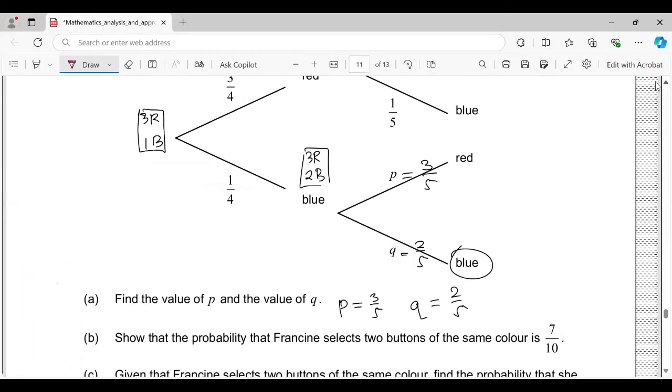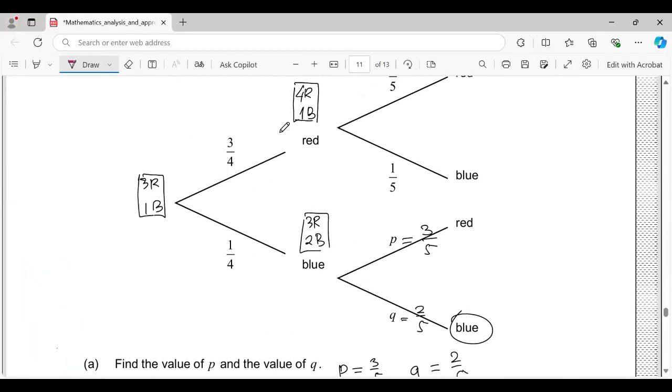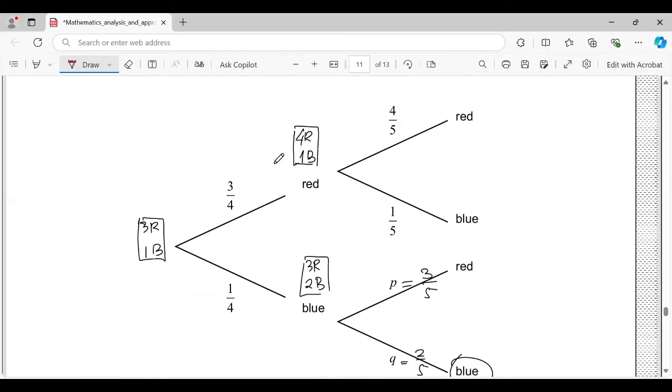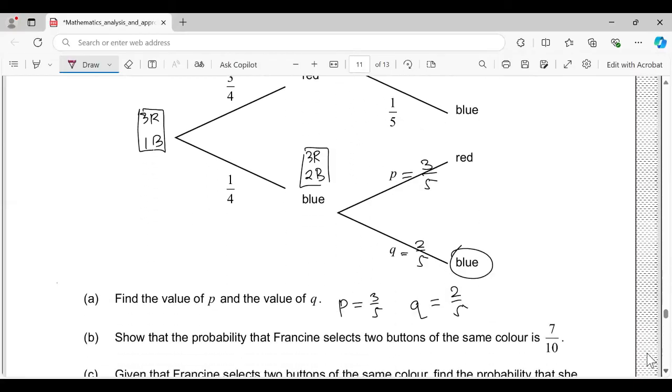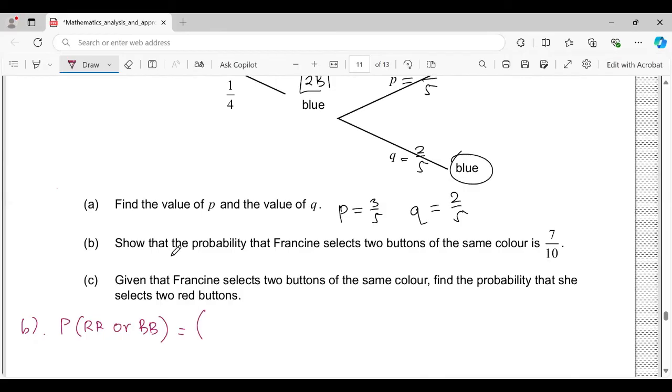Red, it means 3/4 multiply 4/5. And blue, 1/4 multiply 2/5. It's going to be 3/4 multiply 4/5 plus 1/4 multiply 2/5.